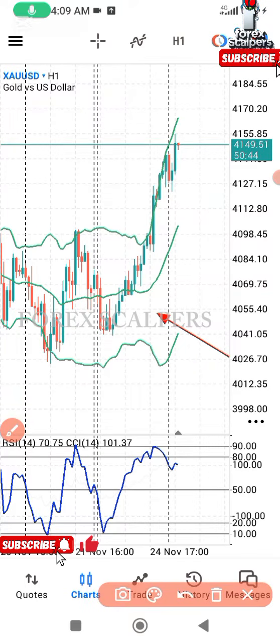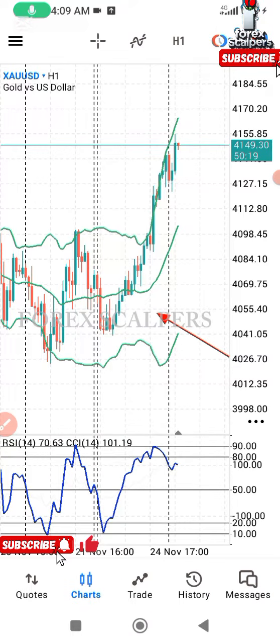Which means that if we want to sell high from this upper Bollinger Band, we want to see our CCI at the level of 80 and 90. And if we want to buy low, just like in this scenario, price should be around the lower Bollinger Band and our CCI should be coming from the level of 20 and 10.